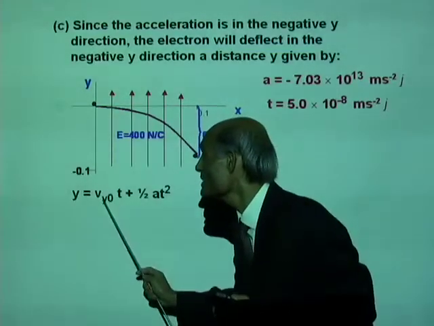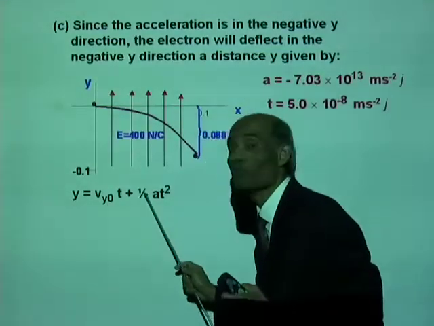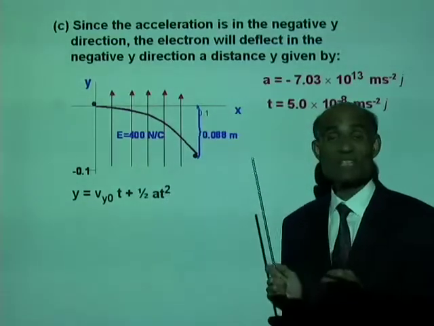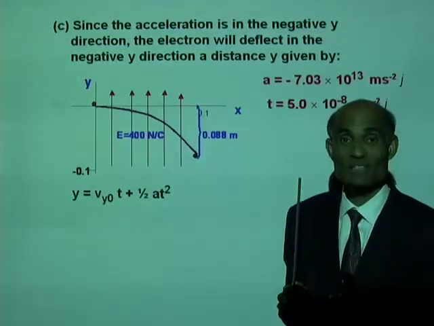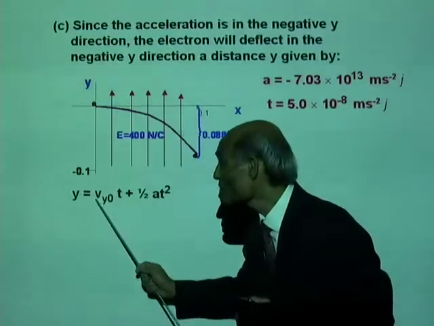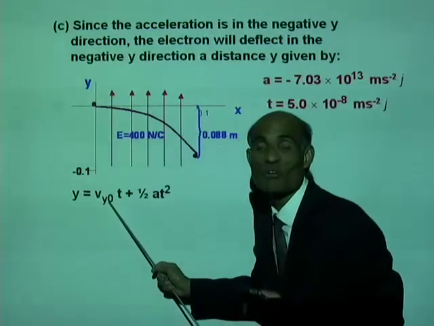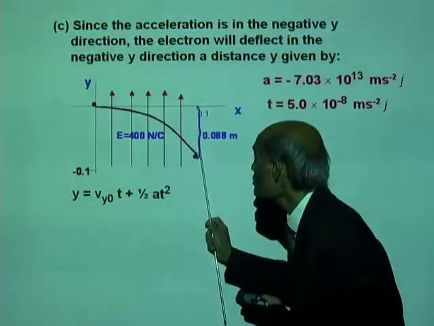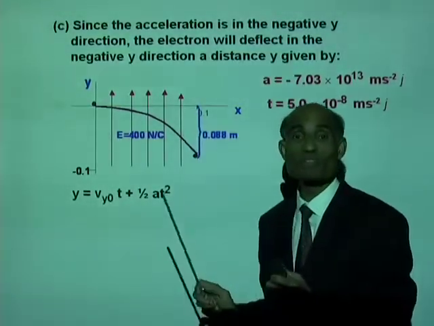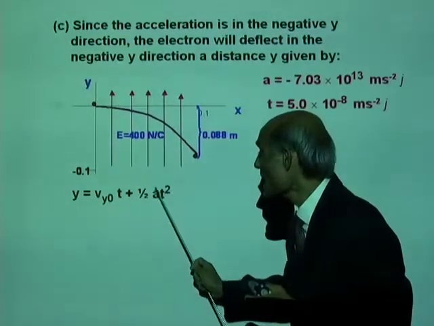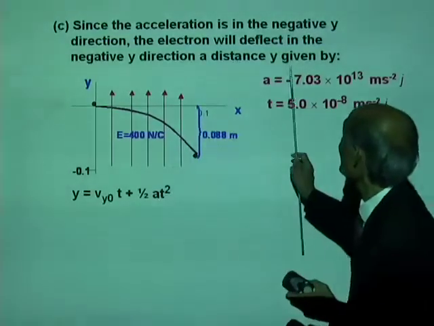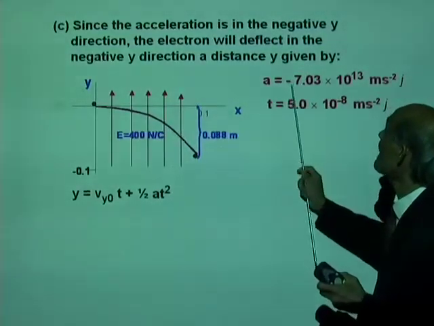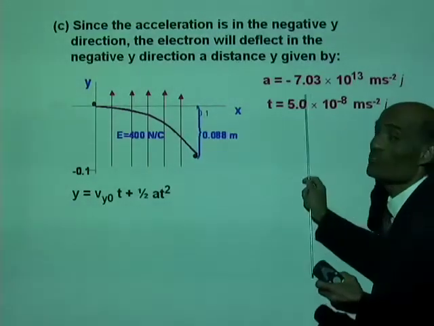y equal to Vy0 t plus 1/2 a t squared. Have you forgotten that equation? Where Vy0 is the initial y velocity, which is 0. Therefore, y, the distance traveled by the electron during that time, will be 1/2 a t squared, where a is this value and t is this value.